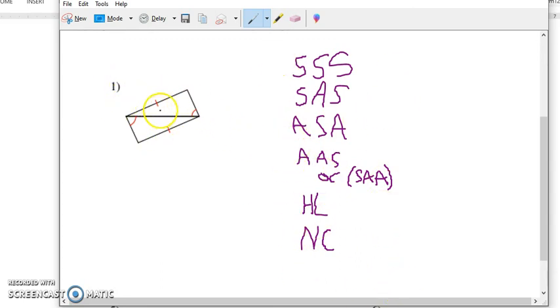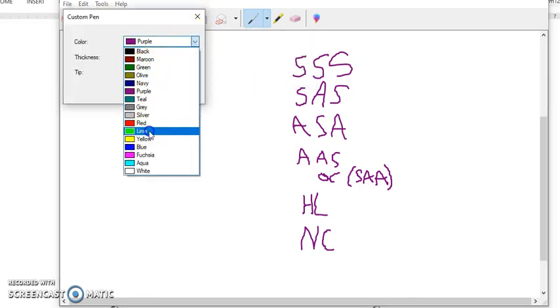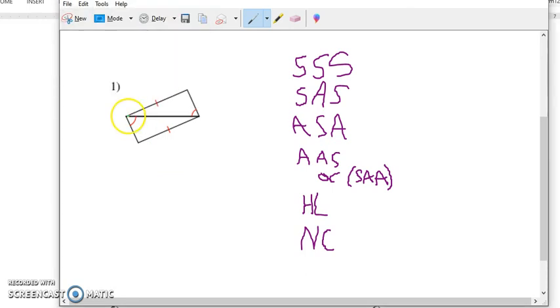So right off the bat, if you look at number 1, we've got these two sides being congruent, these two angles being congruent, and these two triangles, triangle 1 and triangle 2, share a side. Whenever you have a side that's shared, that's going to be one of your sides in these formulas. So I'm going to highlight that shared side.